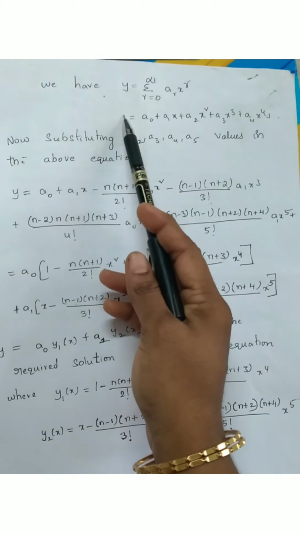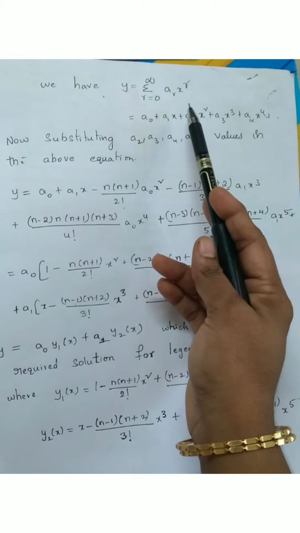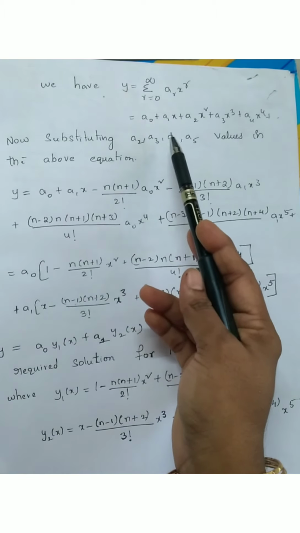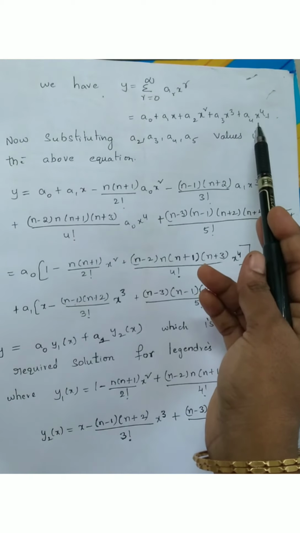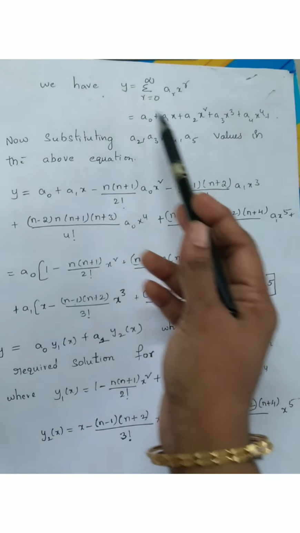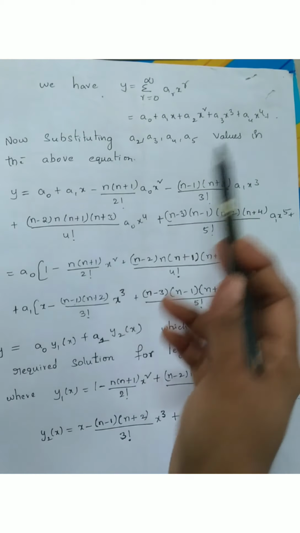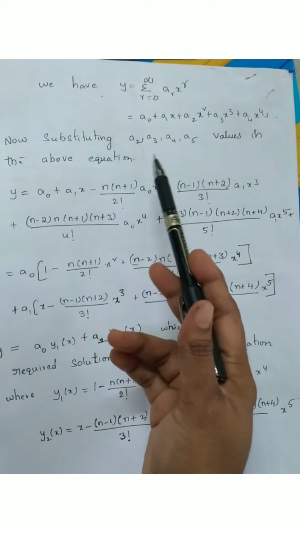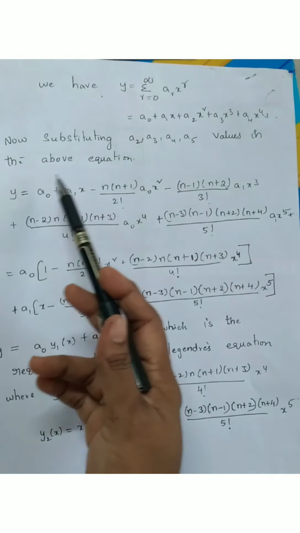We have y equals sigma r equals 0 to infinity a_r x^r, which is a0 + a1x + a2x^2 + a3x^3 + a4x^4, that means we are taking values r equals 0, 1, 2, 3, 4 and so on. Now substituting a2, a3, a4, a5 values in the above equation.